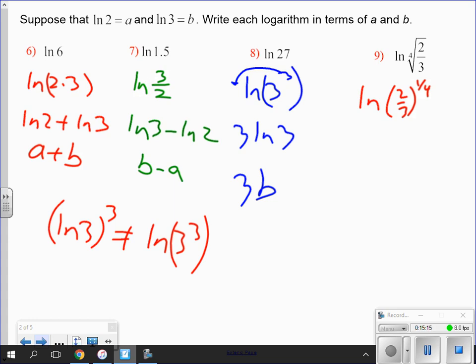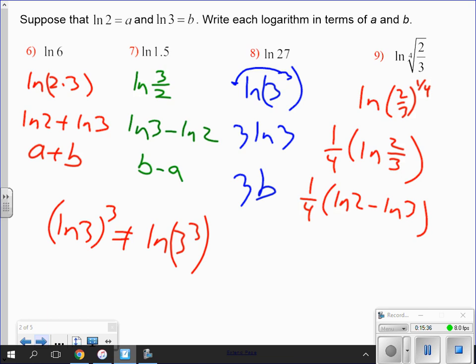Bring it out in front. So I have 1/4 times the natural log of 2/3. Which is 1/4 natural log of 2 minus the natural log of 3. Which is 1/4 a minus b.